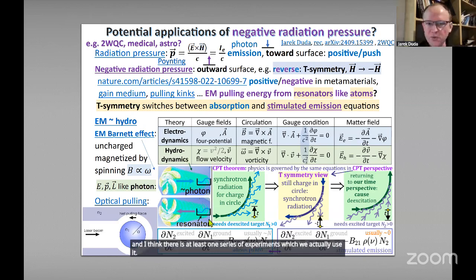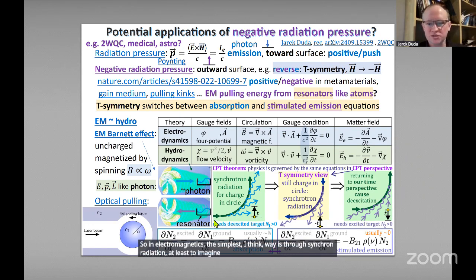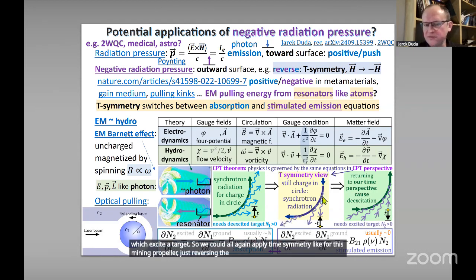In electromagnetism, I think the simplest way is through synchrotron radiation, at least to imagine the situation. We have an electron traveling on a circular path in a magnetic field, and it emits photons which excite a target. We could again apply time symmetry, like for this marine propeller, just reversing the rotation direction of this electron or generating some charge.